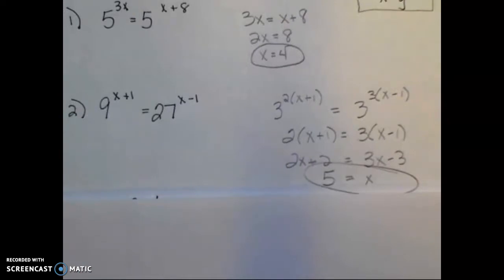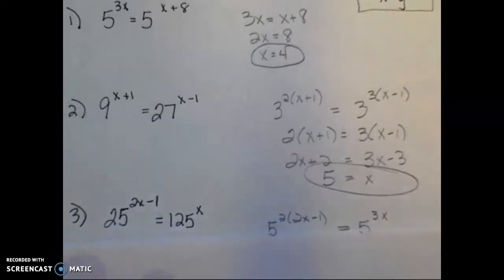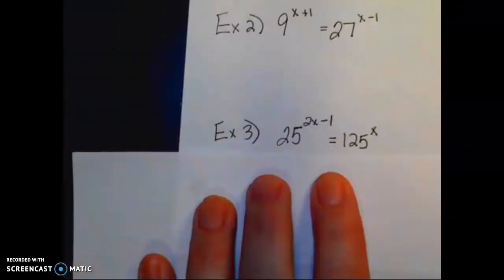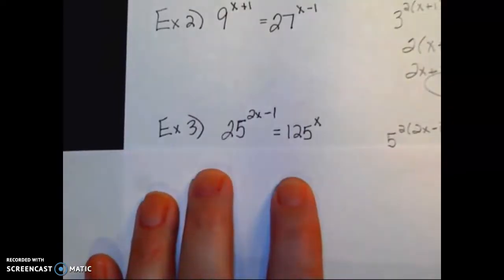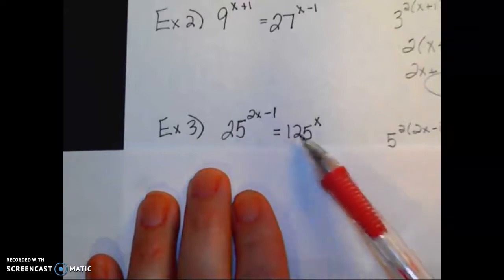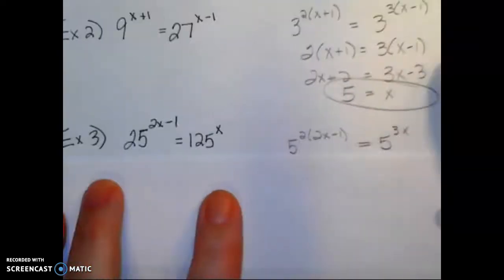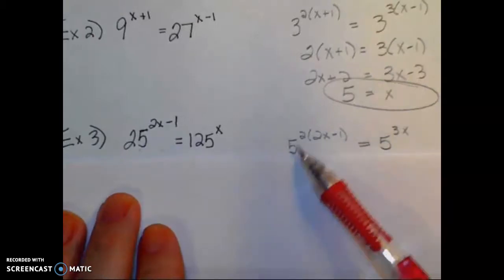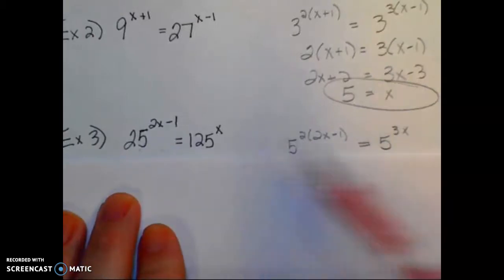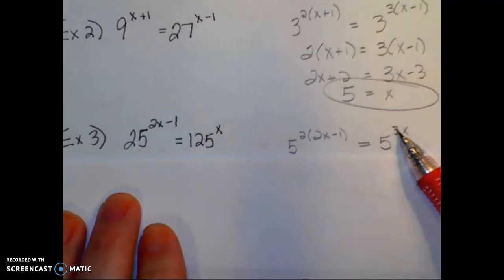That's not so bad. Let's do another one like that with different bases, and we'll push them into the same base. Okay, I have 25 and 125. Looking at them, they don't have the same base, but you can rewrite it. 25 is the same as 5 squared. 125 is the same as 5 cubed.